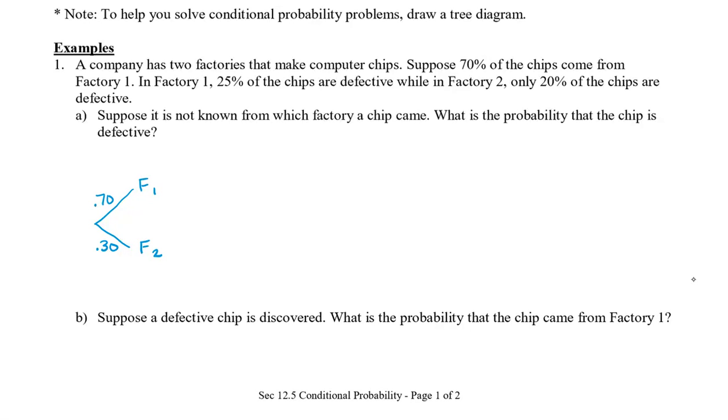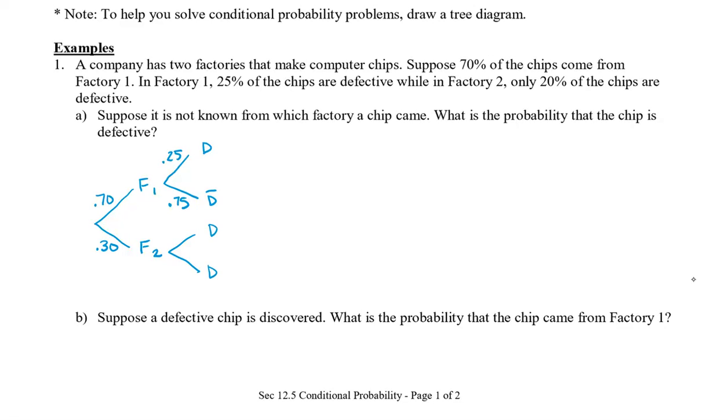So in factory 1, 25% of the chips are defective. So we're going to branch out for factory 1. So those are defective, I'll call it D, and that would be 0.25. And those are not defective, I'll put D with a line on the top and put 0.75. While in factory 2, only 20% of the chips are defective.